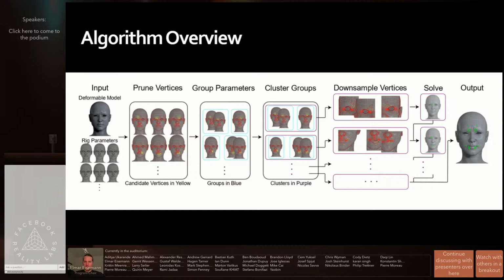Finally, we can use a downsampled vertex set as input to the exponential stage of our algorithm that uses integer quadratic programming to optimize the design objectives in mapping controls to vertices.